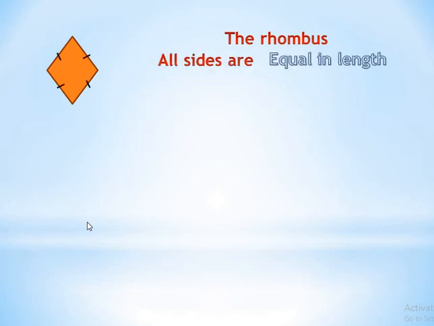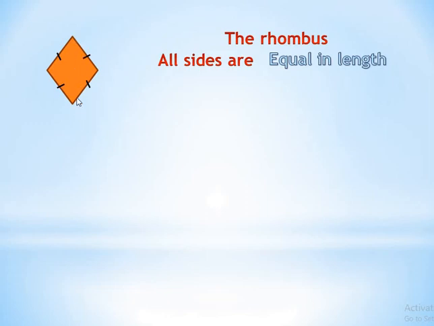Okay, let's see the rhombus. The rhombus, like a square, has all sides equal in length. But let's see, what about the angles? All angles are equal?